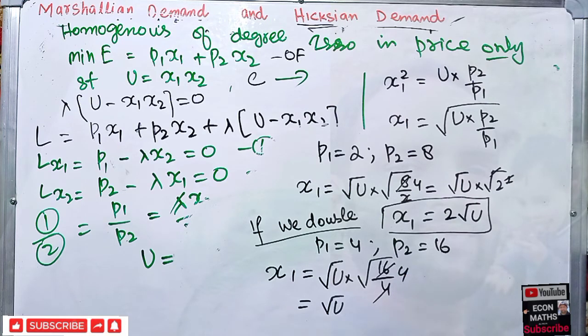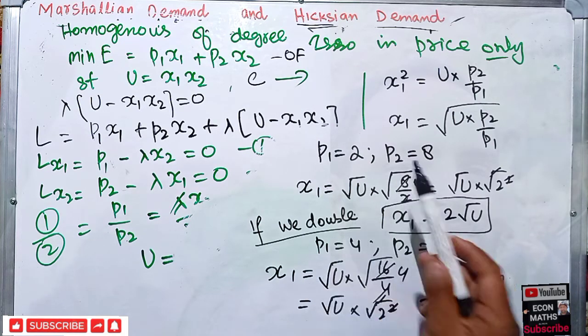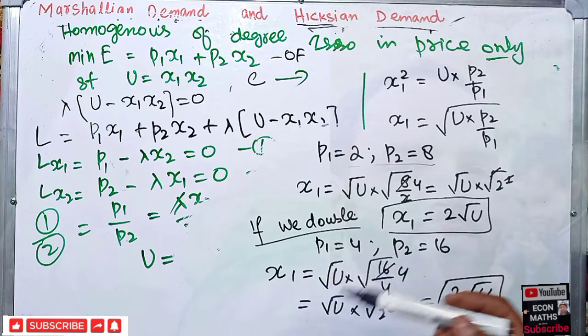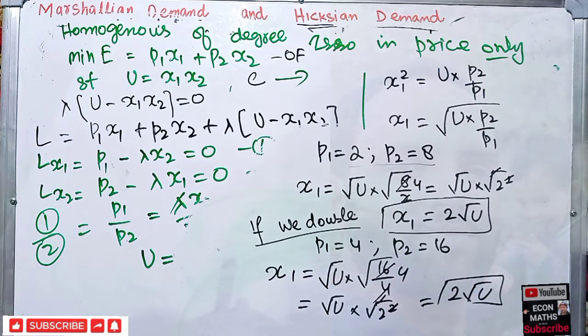Now 4 square is 2 square, this will get cancelled, so we are back with the same thing. That is, if the prices change in the same proportion, quantity demanded will not change. This is what we mean by homogeneous of degree 0.